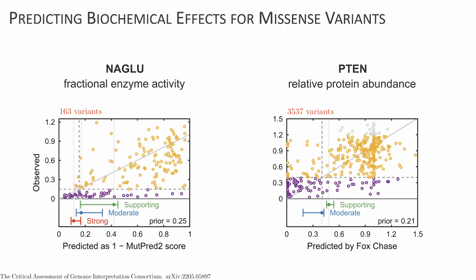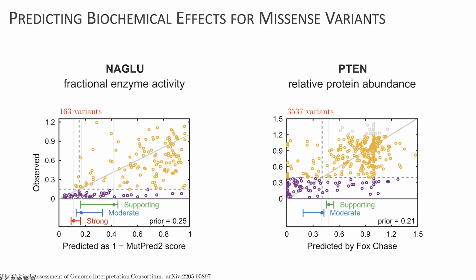So a point in this challenge is that the level of biochemical activity in this case correlates with the clinical outcome. And so the same predictor can in principle be used to predict relative fractional enzymatic activity, and then also be considered for clinical performance.